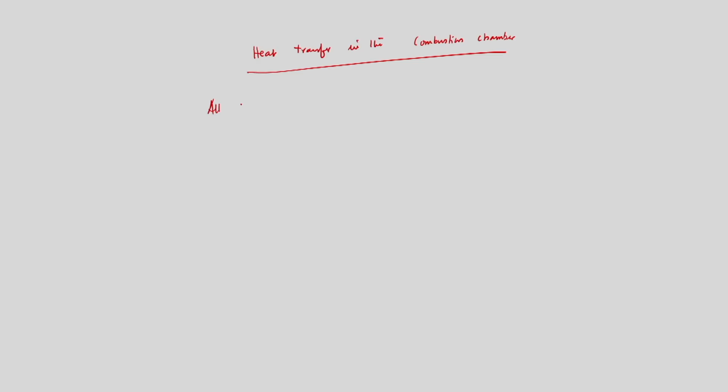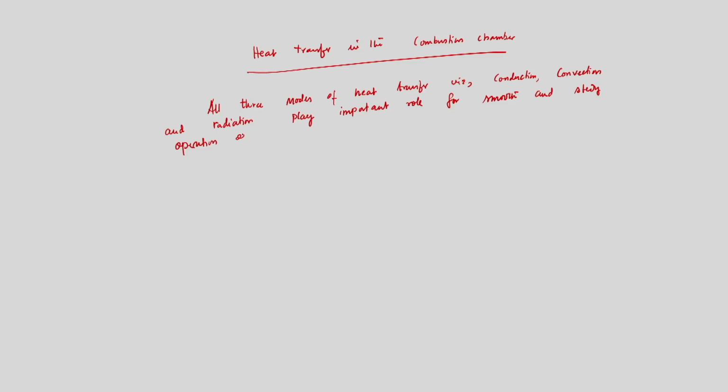Therefore, all 3 modes of heat transfer, conduction, convection and radiation, play an important role for smooth and steady operation of the engine. There are other modes, but these 3 are important.